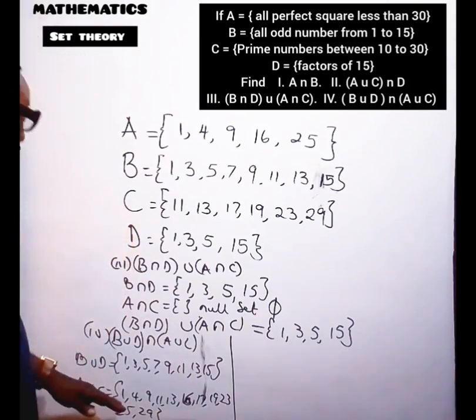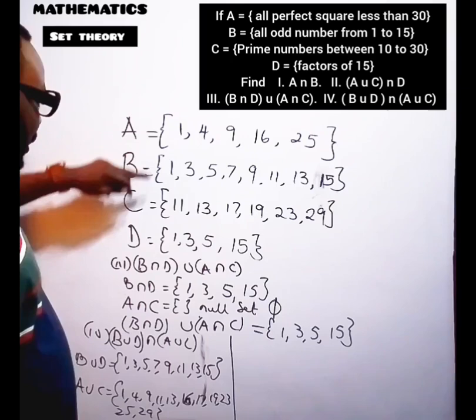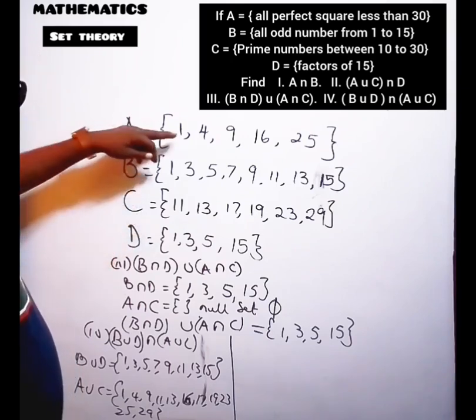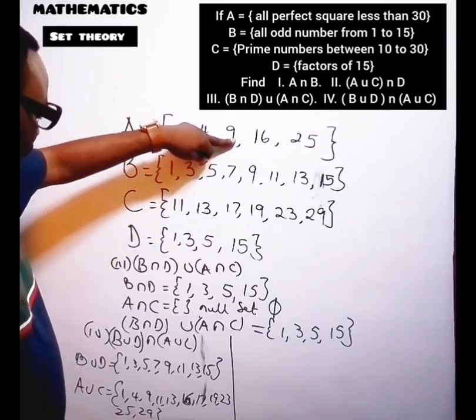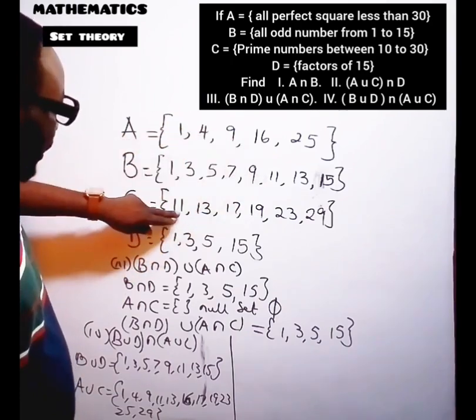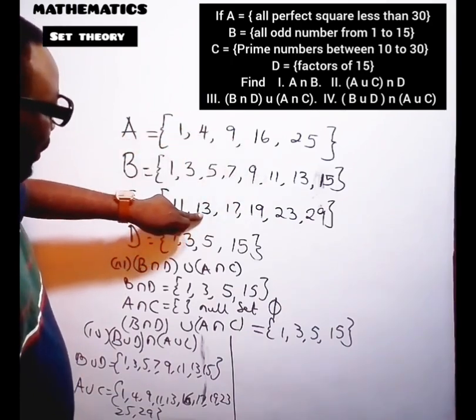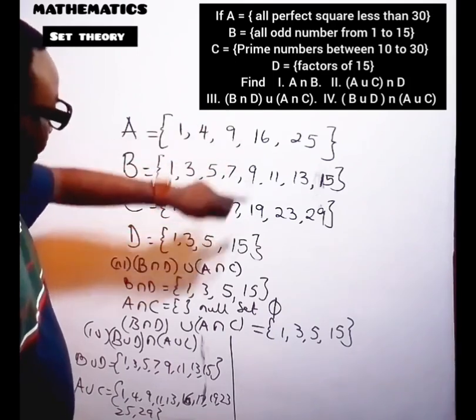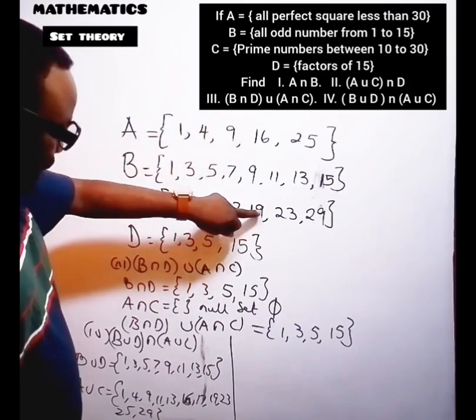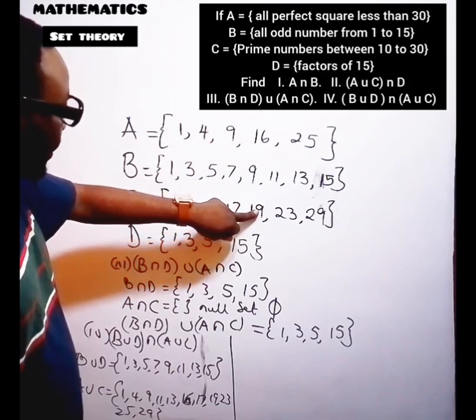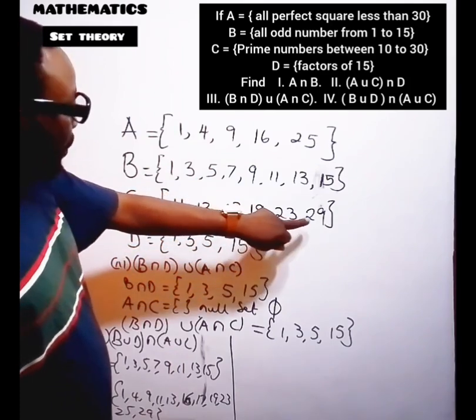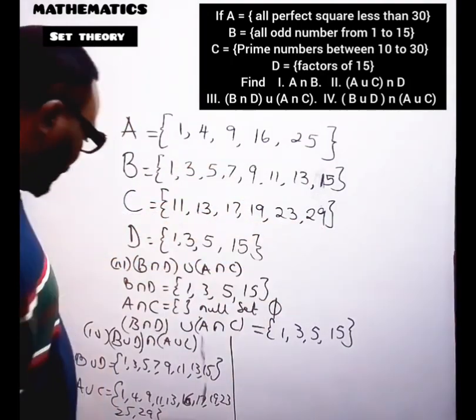Let's check it very well. The union of A union C will be 1, 4, 9. Is there? Higher, 11, 13. Then we have up there 16, 17, no 18. Then next is 19, 23, 25, 29.